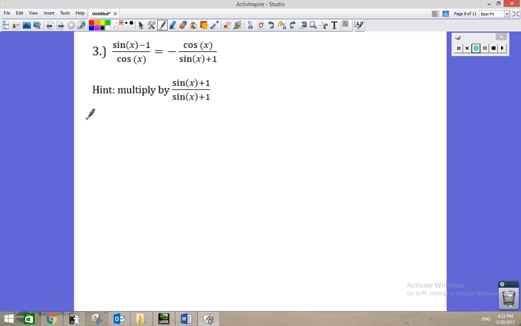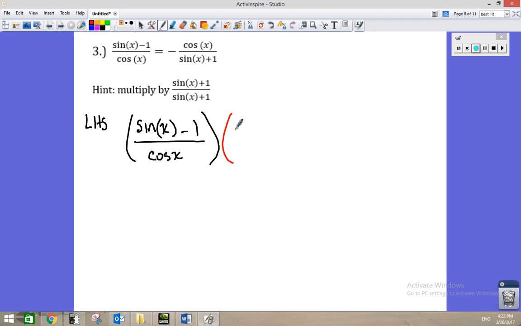So if we use the left-hand side, and we have the sine of x minus 1 over the cosine of x, we multiply this by the number 1, but we write 1 as the conjugate of this numerator, sine of x plus 1.